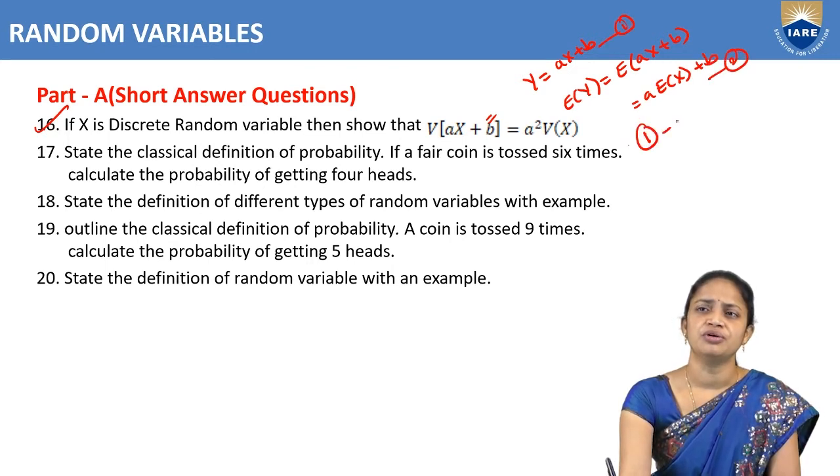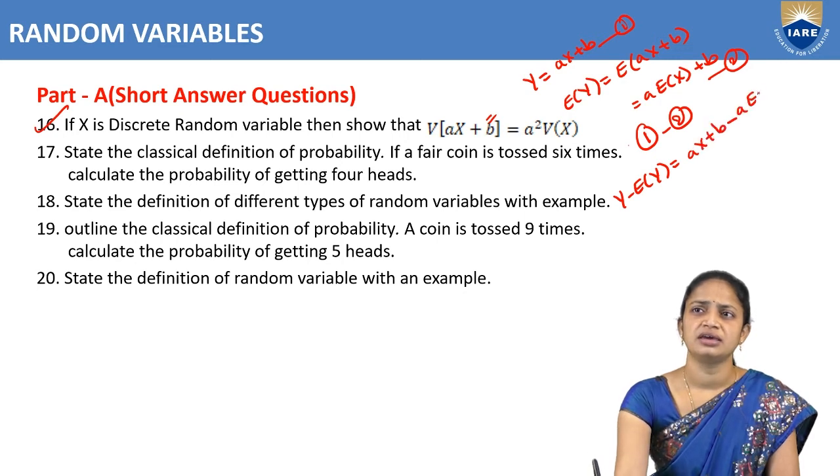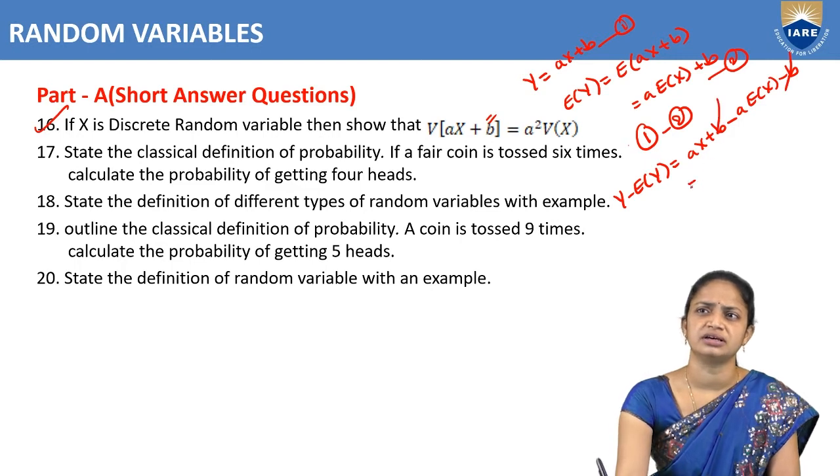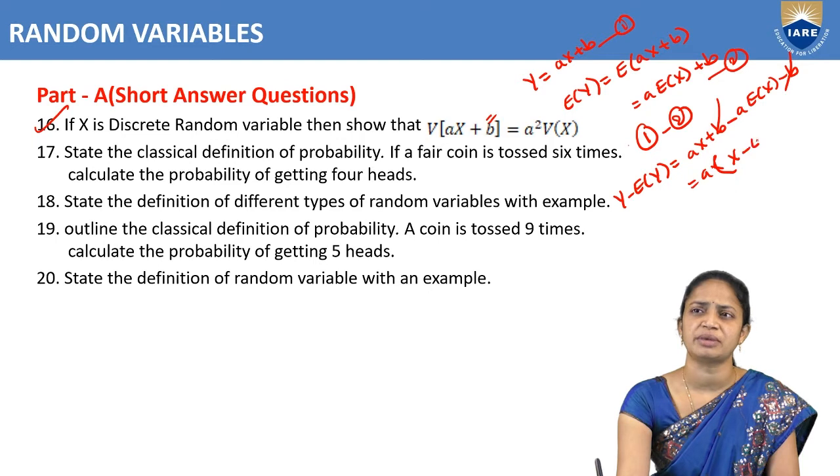Then do 1 minus 2. So this is y minus E of y equals ax plus b minus a expectation of x minus b. So b gets cancelled, and if I take a as common, this will be a into x minus expectation of x. Now I am squaring both sides and applying the expectation on both sides.